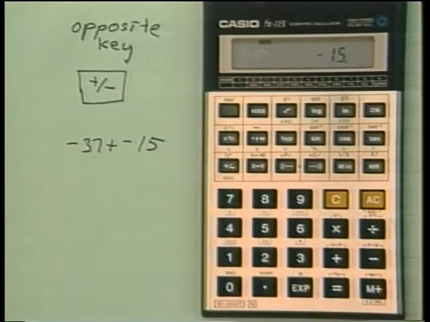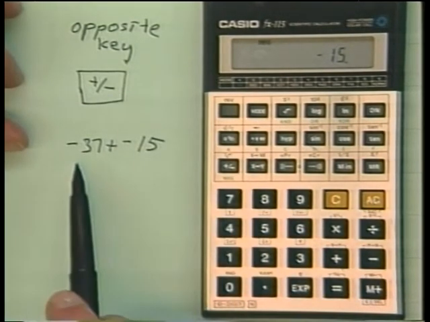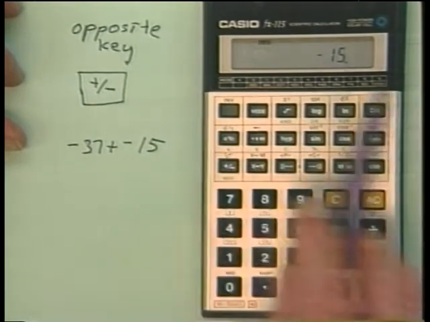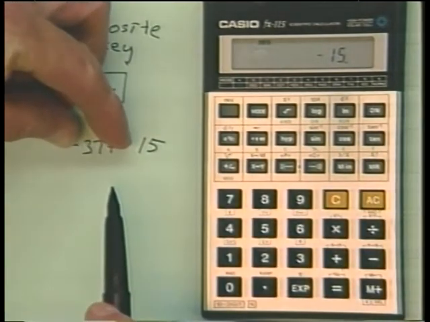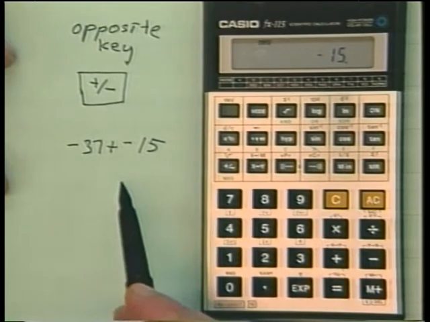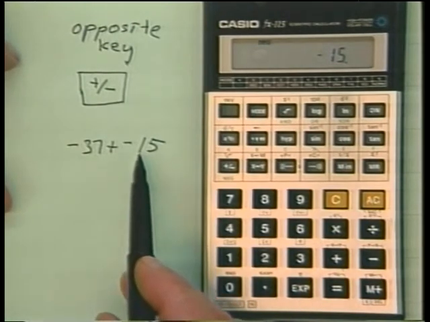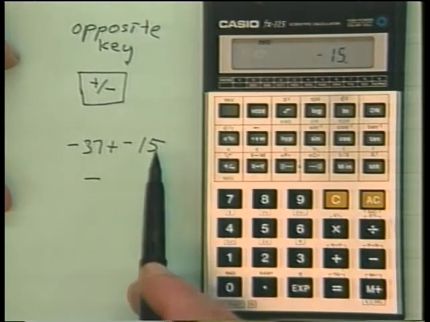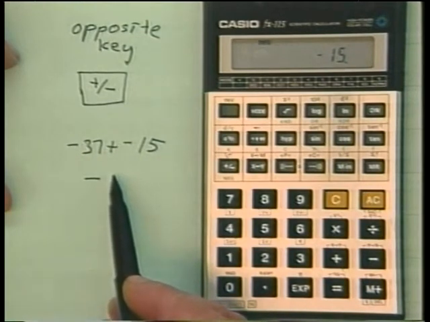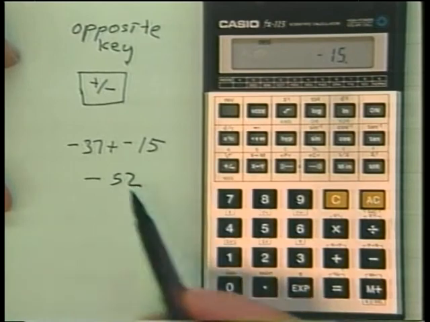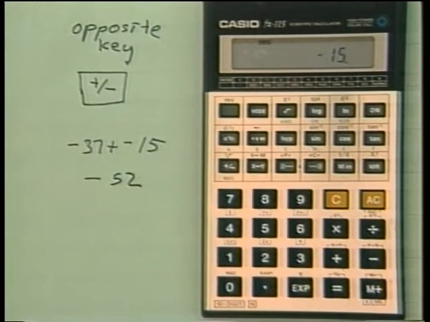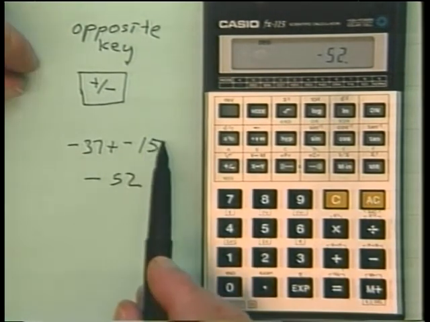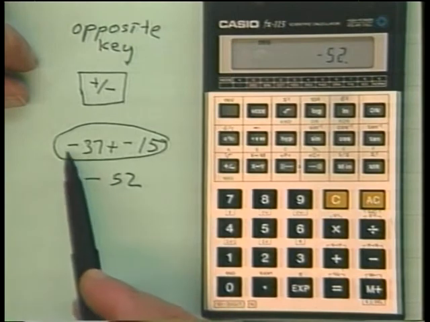Now equal, and let's see, we know if we're adding these by mind rather than the calculator, since I'm adding like signs, the answer will be negative, and add their absolute values, which would be 52. Let's see if the calculator knows that. So pushing the equal, I get negative 52. But notice, I could have looked at this a different way.